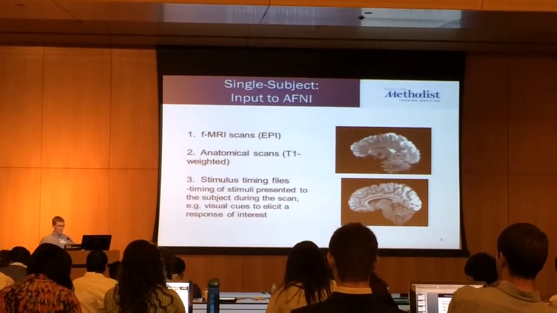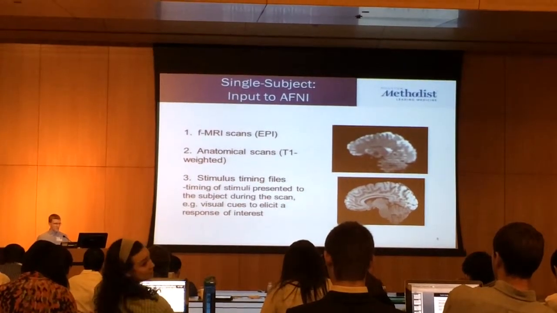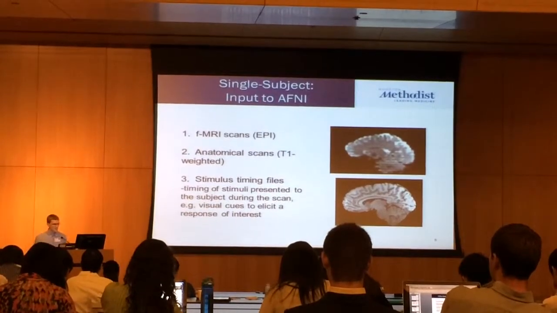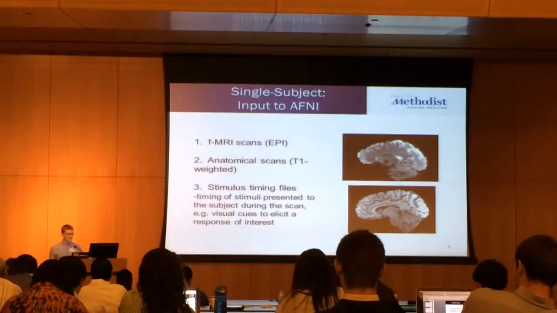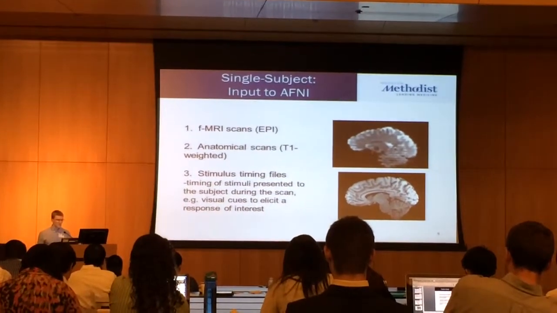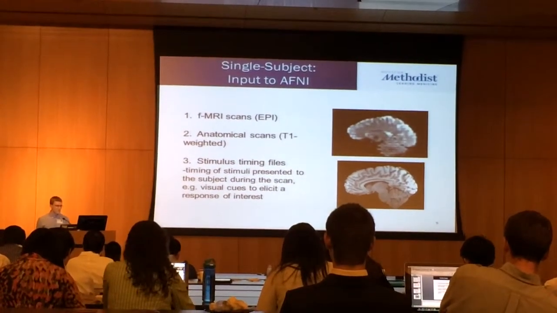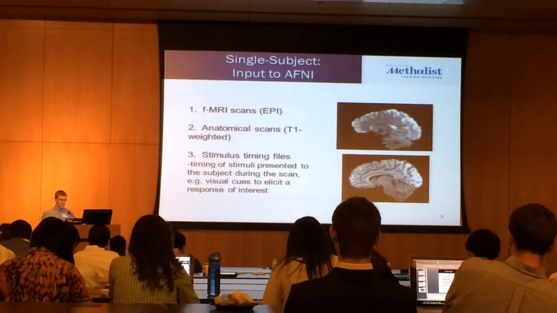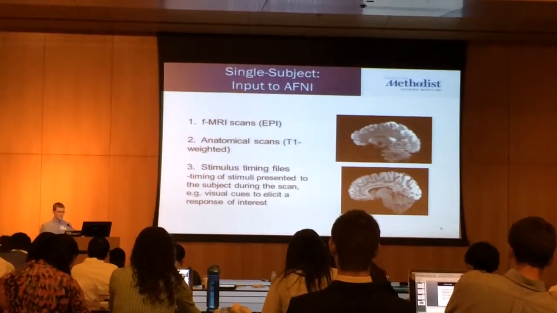The second type of input is an anatomical scan, so that you can actually know where in that subject's brain the activity was located. The third type is a stimulus timing file, so that you know when in your time run a particular event was occurring. While the patient is in the scanner, you may be giving them cues, either visual or otherwise, for a particular stimulus.